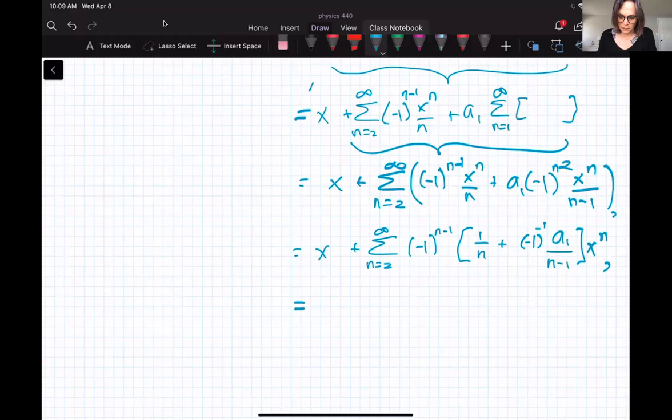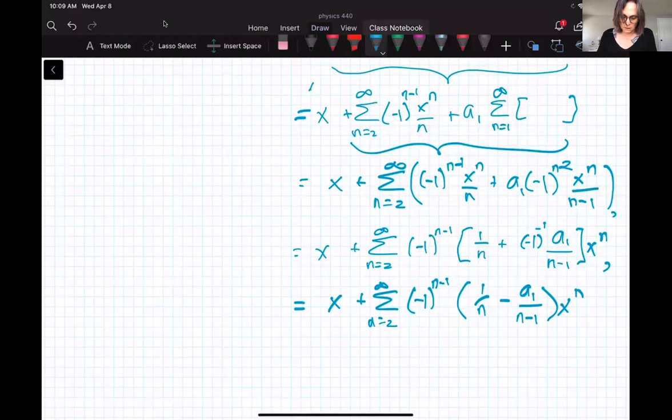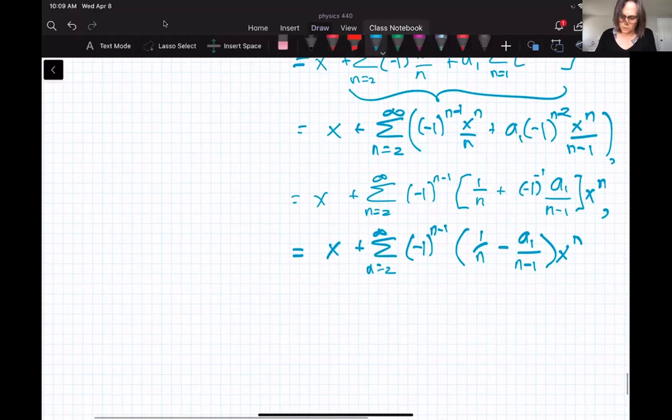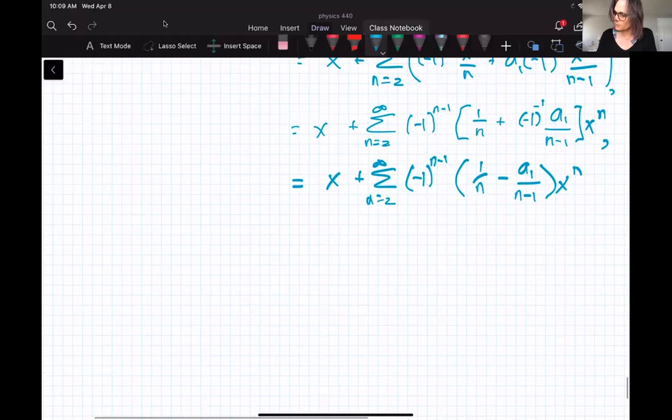So then that's equal to, I did this right, x plus the sum over n equals 2 to infinity of minus 1 to the n minus 1 times 1 over n minus a1 over n minus 1. Okay. And now this is as far as we go unless we do something with a sub 1.